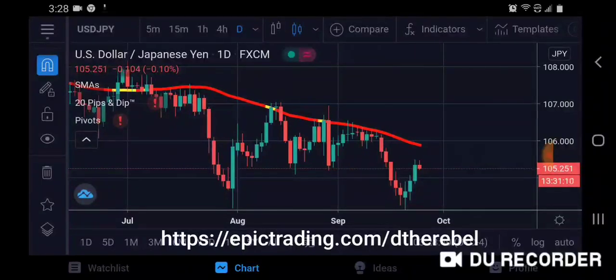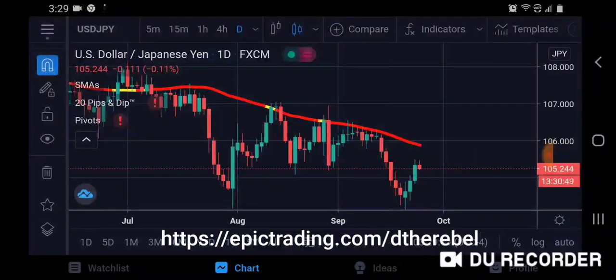And as you see, you can tell by my SMA 50 that it is bearish. My SMA 50 turns red when it's bearish, and it turns yellow when it's bullish.